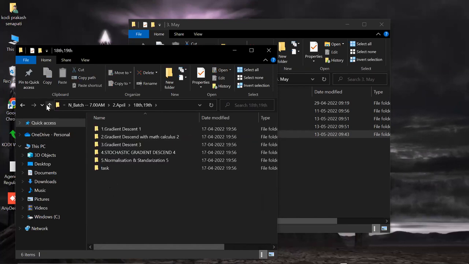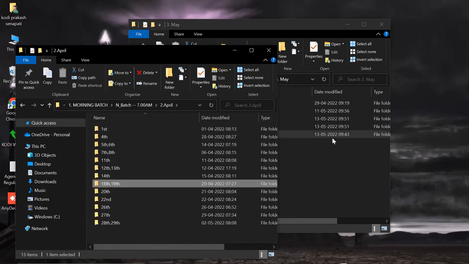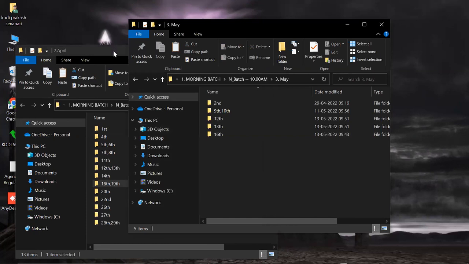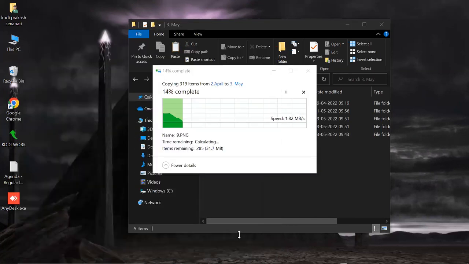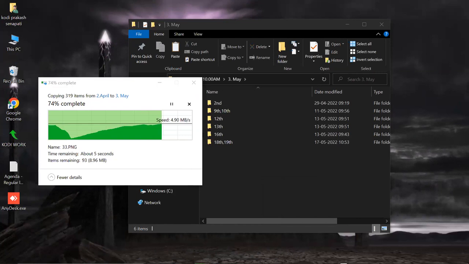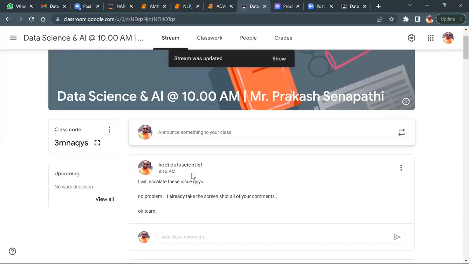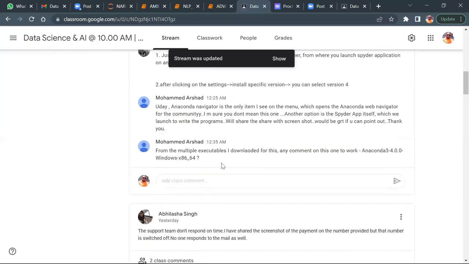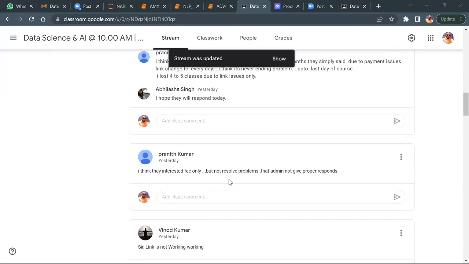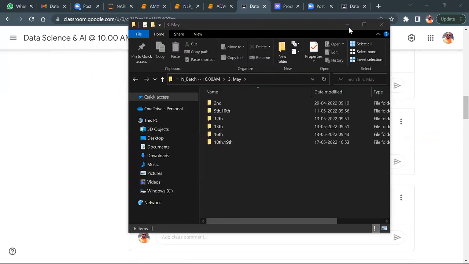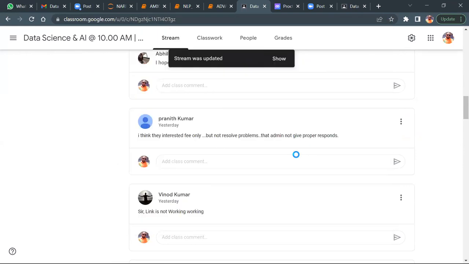So let's copy this and paste it over here. Just one moment. Avinav, can you please write down proper steps and put it on Zoom so that everybody can see. No, Pranit mentioned Naresh IT just takes the money and doesn't help. That's what I saw in the message. It's quite interesting.